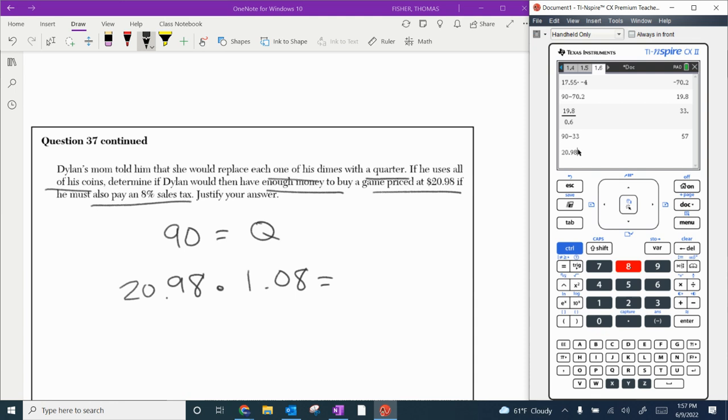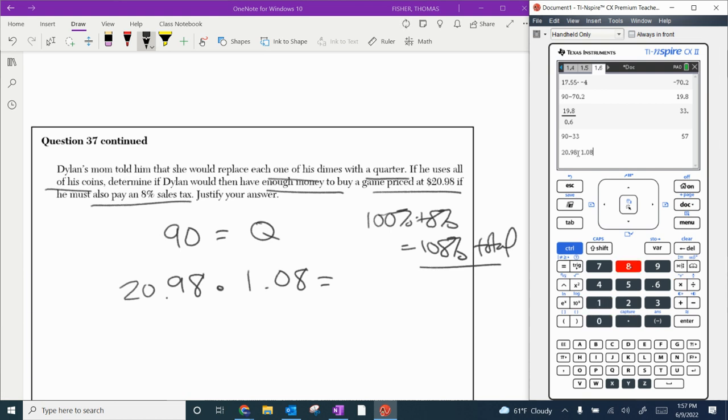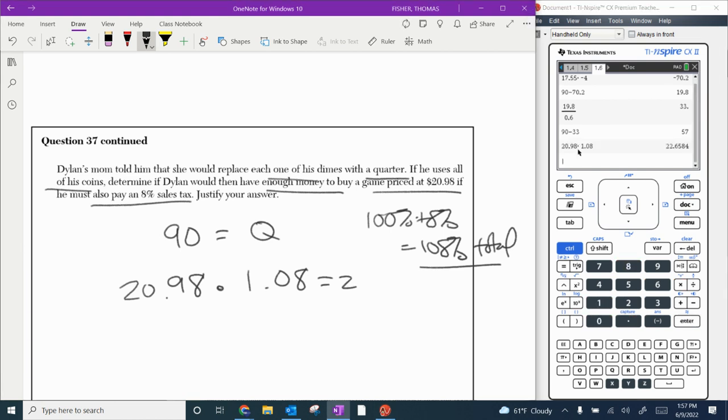I can do it all at once because 100% is the original plus 8% added on is the 108% total that we're looking for. So that's the 1.08. So that times 1.08 is equal to 22.6584. Nearest cent, of course, for money, so 22.66.